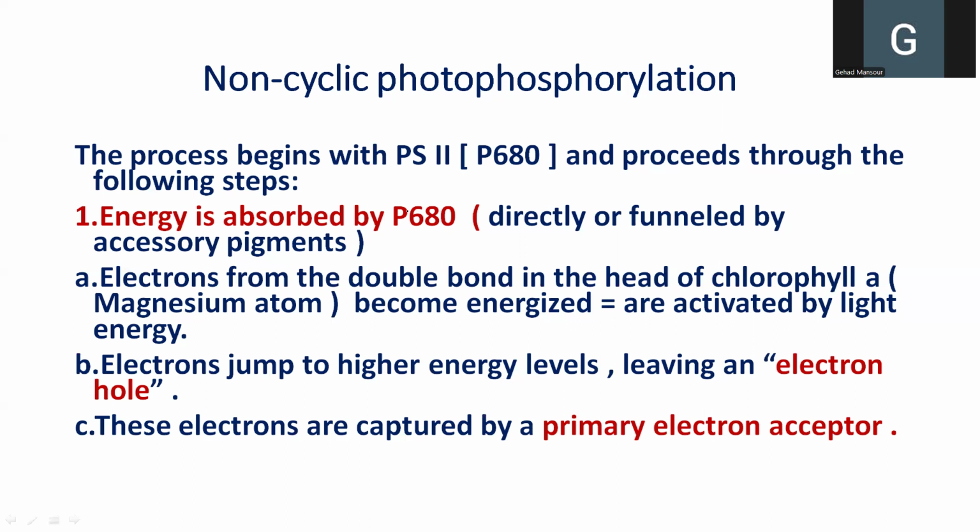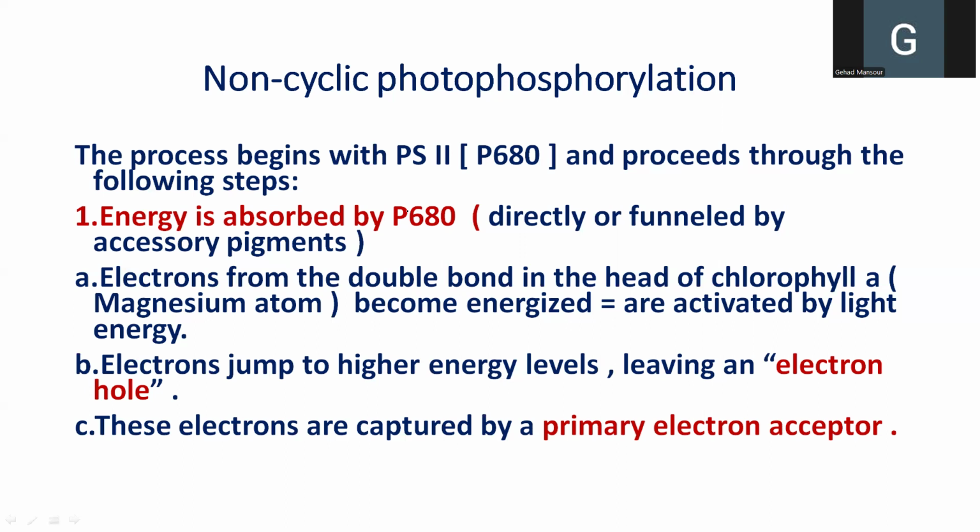And then electrons from the double bonds in the head of the chlorophyll A molecule. And of course, you know that the head of the chlorophyll A molecule contains double bonds and contains a magnesium atom. These electrons will be energized, meaning that they will be activated by the absorbed light energy. They will jump to higher energy levels.